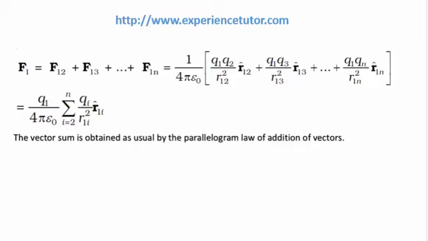F1 is equal to F12 plus F13 plus ... plus F1n, which is equal to 1 by 4 pi epsilon naught, common bracket, Q1 Q2 upon R12 square unit vector R12 plus Q1 Q3 upon R13 square unit vector R13 plus ... plus Q1 Qn upon R1n square unit vector R1n, which is equal to Q1 by 4 pi epsilon naught, sigma i is equal to 2 to n, Qi upon R1i square unit vector R1i.